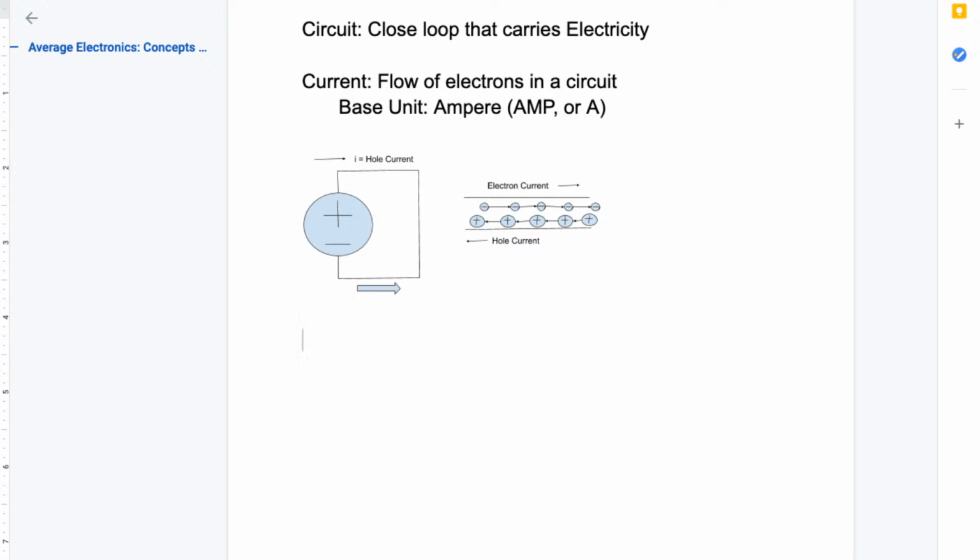If not, please write me a comment or comment in the chat, and hopefully I can go over this a little bit further, or maybe you can teach me something that I am incorrect on. Both are fully acceptable. So after that, we actually have our voltage, which is the push.